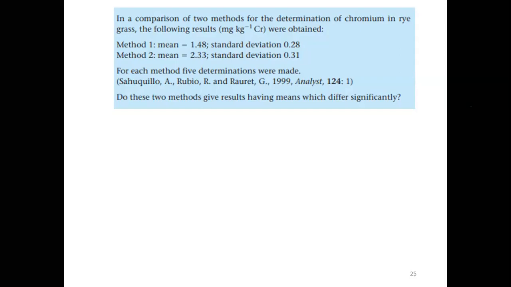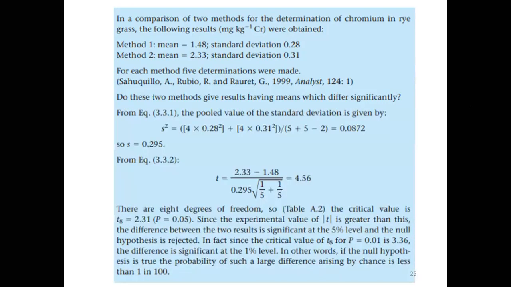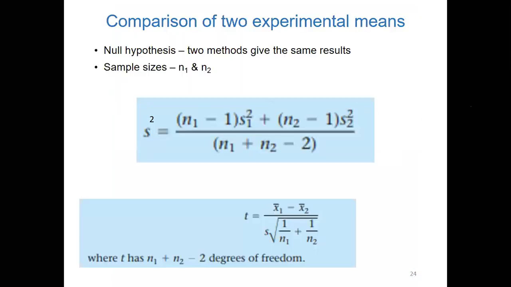Okay, that's the question. So, we have to find whether these two methods give results having means which have a big or significant difference. First thing we have to calculate is the pooled value of the standard deviation. That means the overall standard deviation from that equation, from the previous equation.